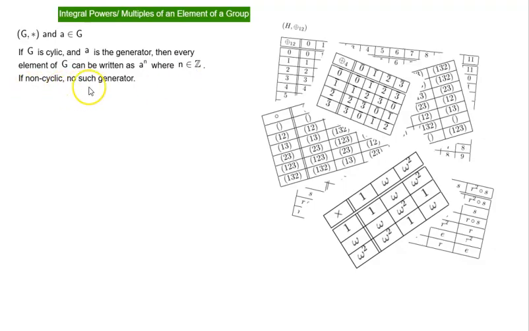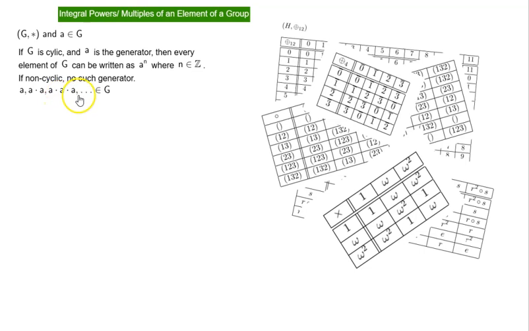If non-cyclic, there is no such generator. Which means if it is cyclic and a is the generator, we can write the elements as a, a times a, a times a times a, and so on. And each of these would be in the group.